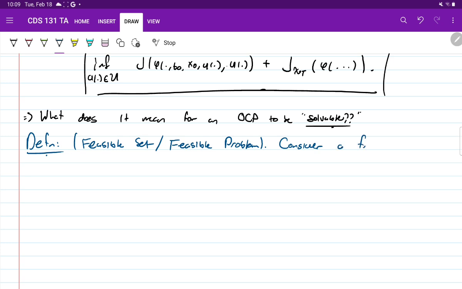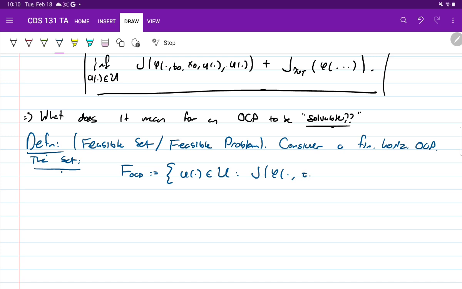Then the set, which I'll call FOCP, it's defined as the set of all input signals in my input signal space such that J of phi, t naught, x naught, u, my input signal u, is less than infinity, is called the feasible set.